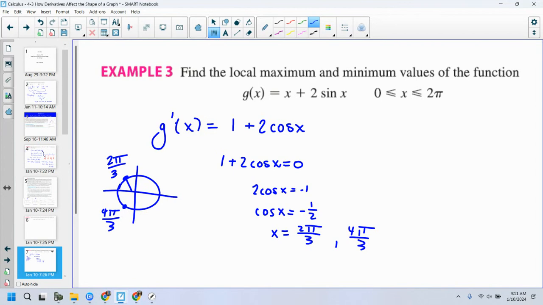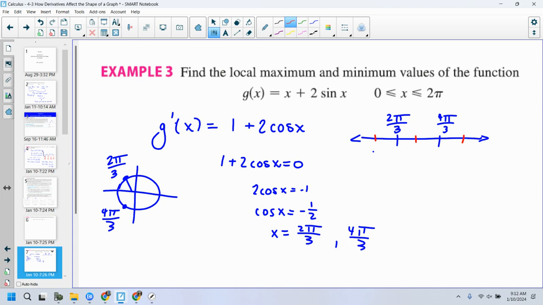I really don't care what's happening to the left of 0 or to the right of 2 pi, right? I really only care what's happening here, here, and here, right?